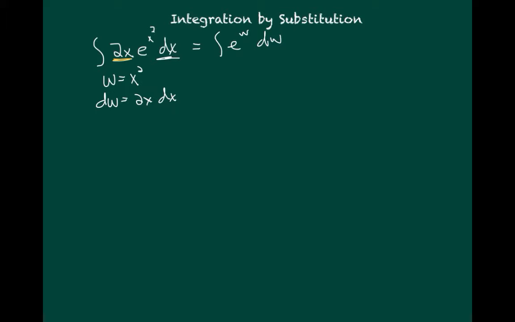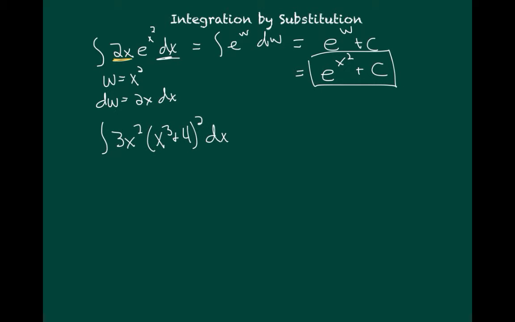So I know how to integrate that. That's just going to be e to the w plus c. Now that I've integrated that, I can substitute back, and so that equals e to the x squared plus c, which is, of course, my final answer. Alright, let's try another one.